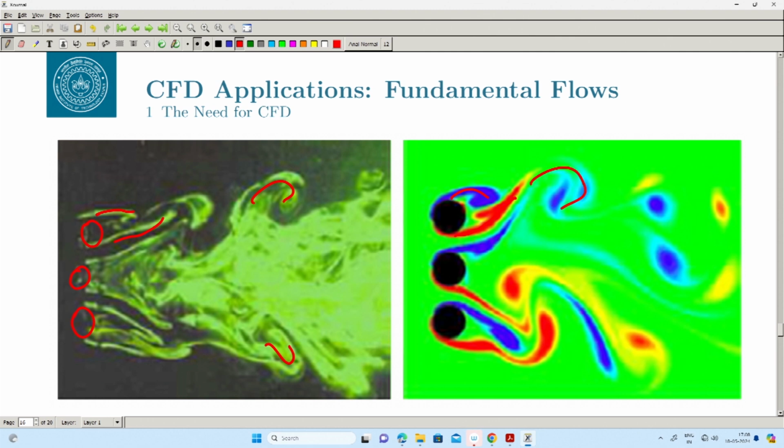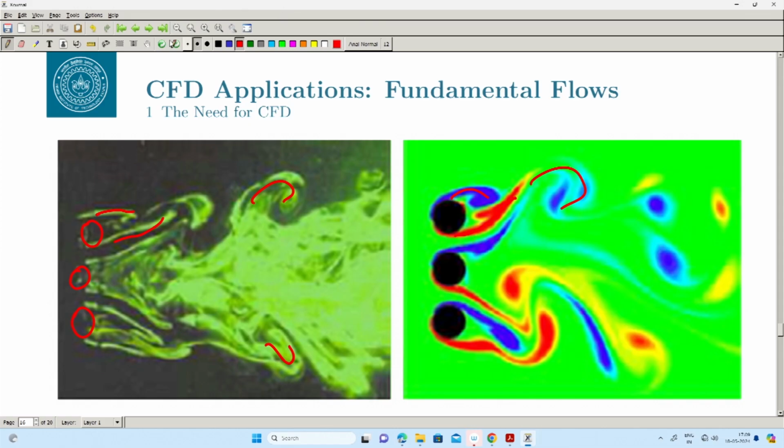This can be very useful in understanding the fluid flow. One thing that I want to emphasize is that there are certain aspects where the experiments are better, but there are certain aspects where CFD actually outperforms experiment. If you have a properly validated CFD code, then you can go to very high resolution without disturbing the flow, and you will be able to resolve the vorticity field more accurately, or even the flow near the boundary layer.